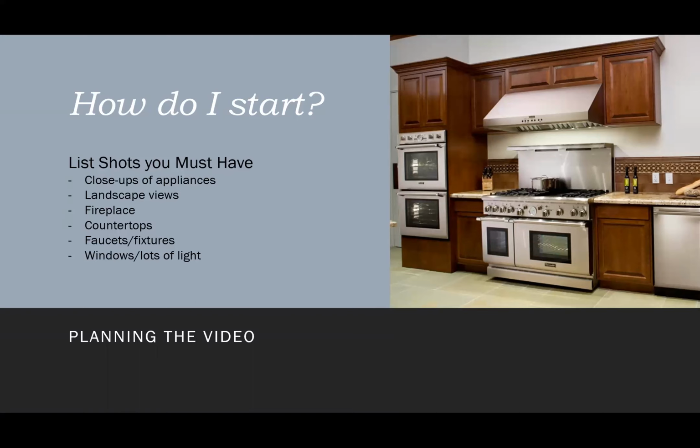If it's a place that has a lot of windows and a really good view, you must have those because that's what you want to focus on in the video. Also things that you want to mention like faucets, countertops, light fixtures, any little details that can help enhance the video.